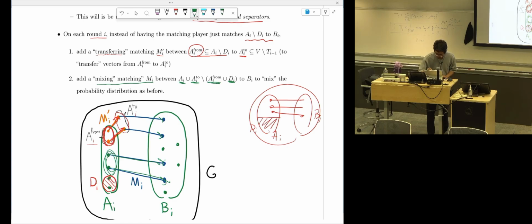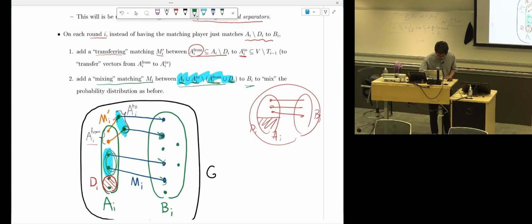So this thing is this thing. So you just match everyone here to B_i, and then just update the vectors like before. That is for each of the guys in this matching.